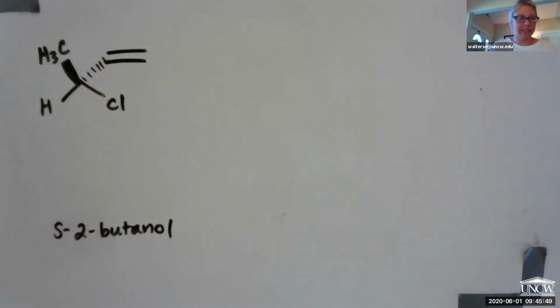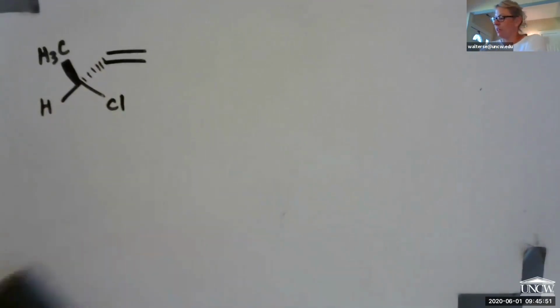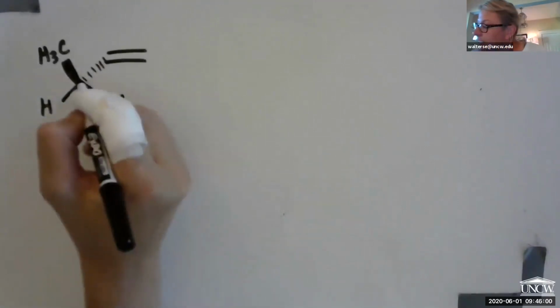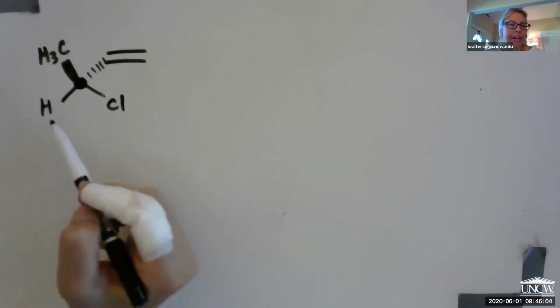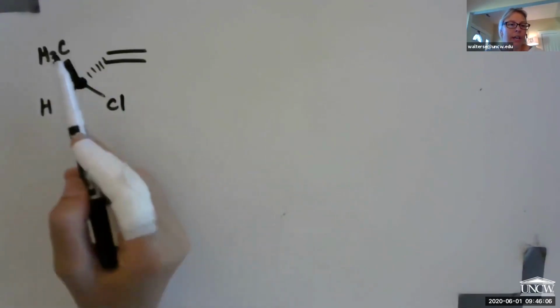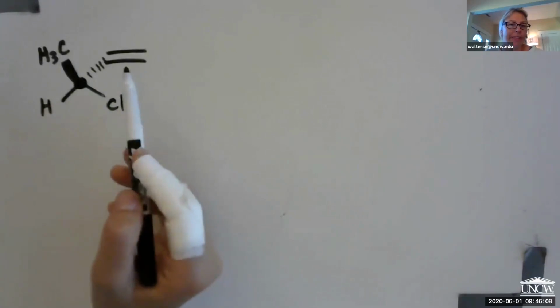So this looks pretty weird. All right, so this carbon here is the chiral carbon. It has a hydrogen, a chlorine, a methyl, and then this is called a methylene.